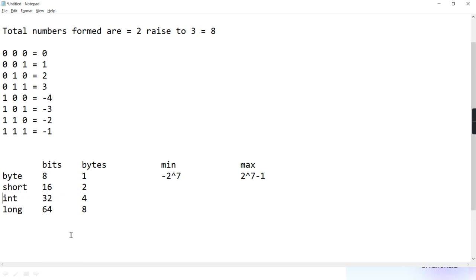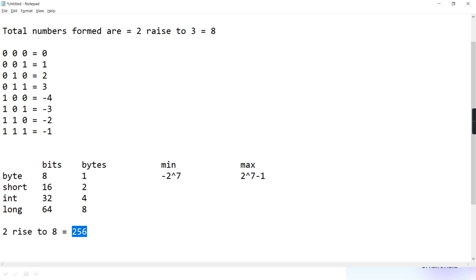And tell me, if the capacity is 8 bits, how many total numbers will it form? 2 raised to 8, which is equal to 256. Do you agree, guys? When it is 256, half are positive, half are negative. So what is half of 256? 128.